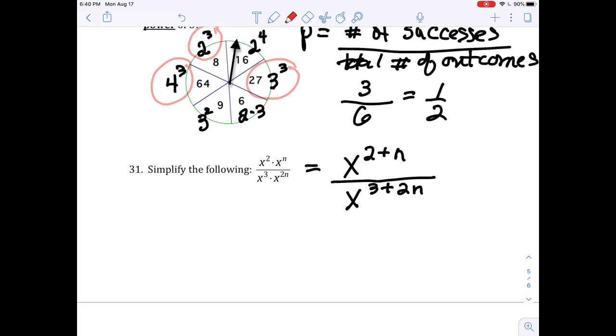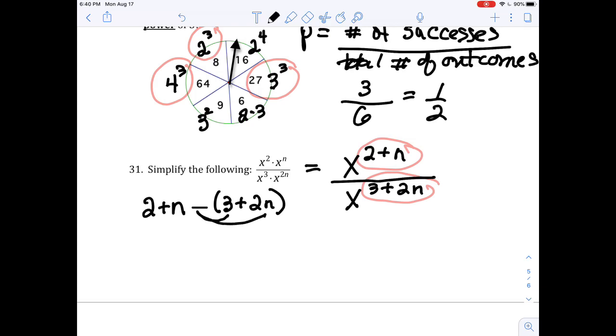To finish, we now need to take these exponents and do the last rule, which is to subtract. But when you subtract, it would be 2 plus n subtract the quantity 3 plus 2n. And the reason that you have to put 3 plus 2n in parentheses is because if you don't, you would only be subtracting the 3 and not the 2n.